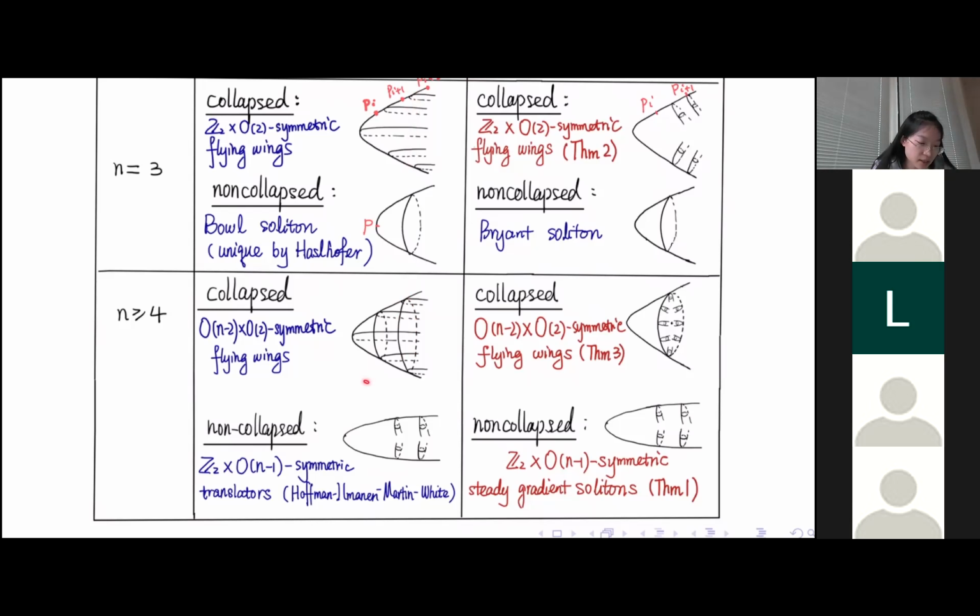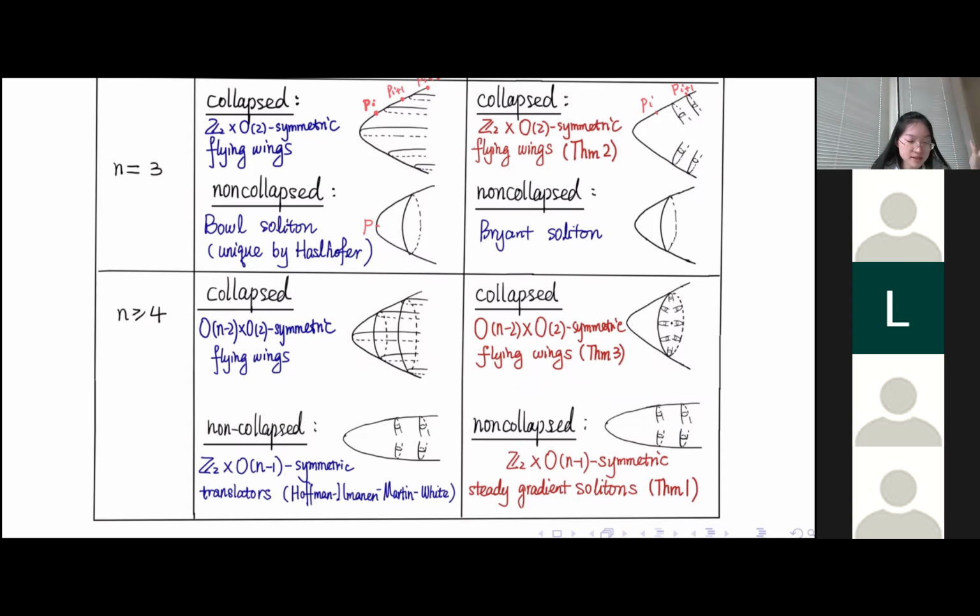So this is how these flying wings look. And also, if you take a sequence of points going to infinity and take a limit, then you will again see a Grim hypersurface, a tilted Grim hypersurface. And this is what we can show now on the Ricci flow side.